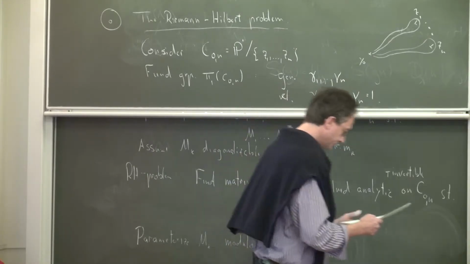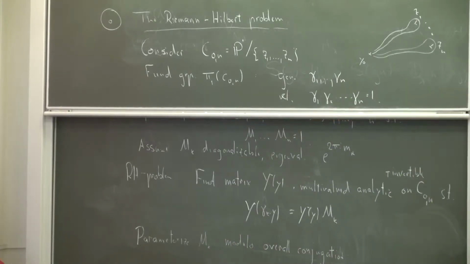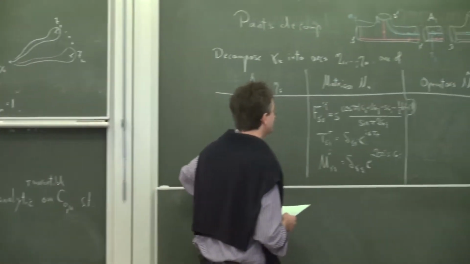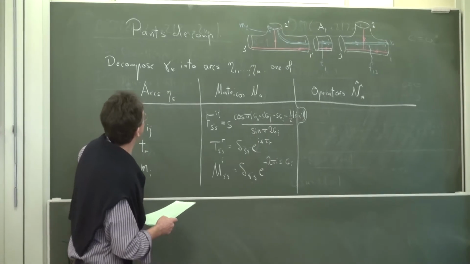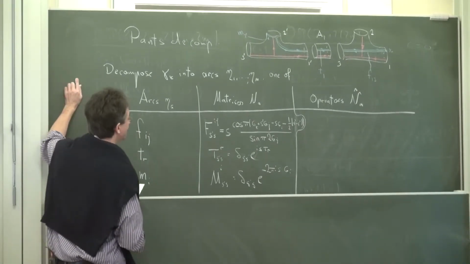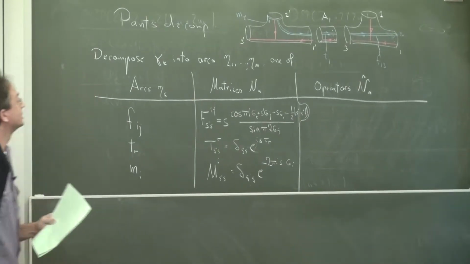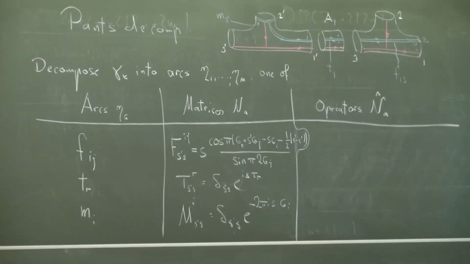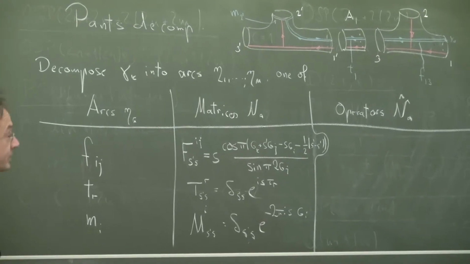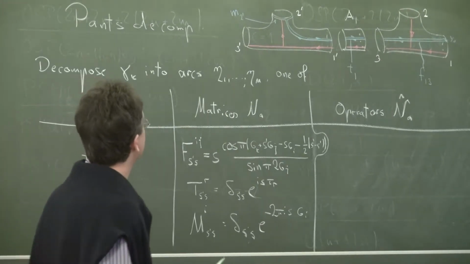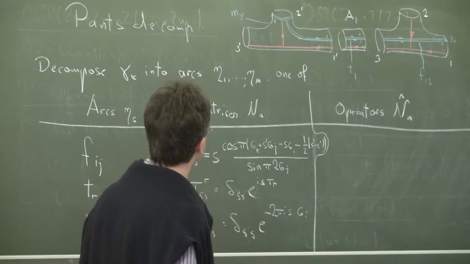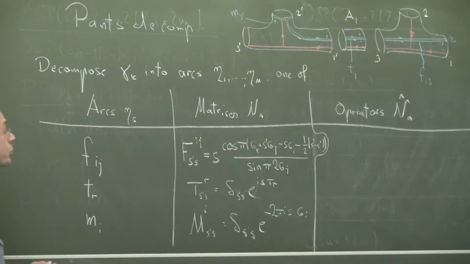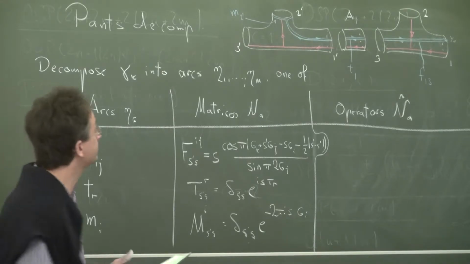So in order to do this, I shall use pants decompositions, and I've prepared here the description of the algorithm and the picture for saving a little bit of time. So, first of all, replacing the punctures by little holes, one can think of the punctured sphere as an n-hole sphere, and it's of course well known that by cutting along n-3 non-intersecting closed curves, we can decompose this into pairs of pants.